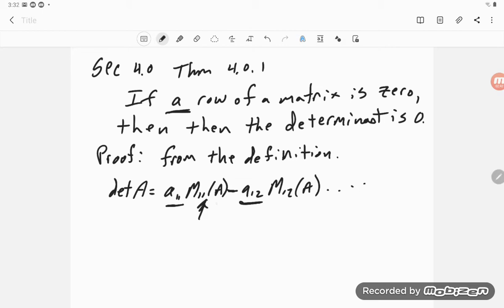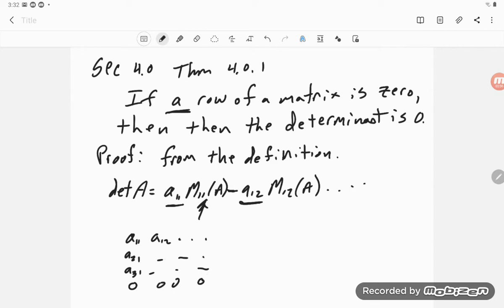Suppose you have a matrix that's A11, A12, and so forth, maybe A21, A31, and then maybe a row of zeros here. So these go across.